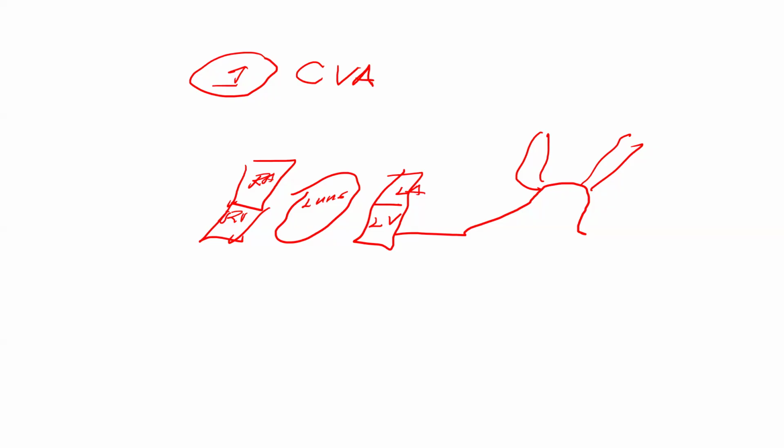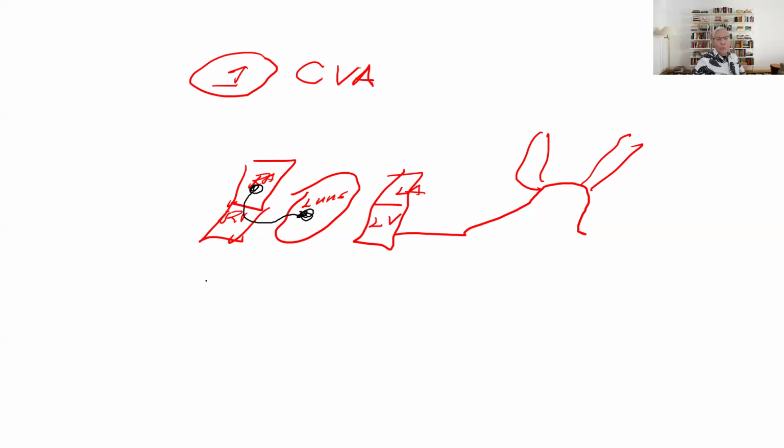The right atrium. Okay. No, the correct answer is the left atrium. Because if it forms in the right atrium, it actually is going to cause pulmonary emboli. Understand why it would cause a pulmonary emboli? Because a blood clot is going to form over here, travel to the right ventricle, and therefore lodge in the lungs.